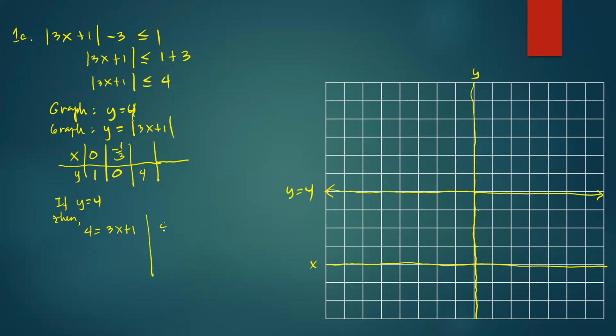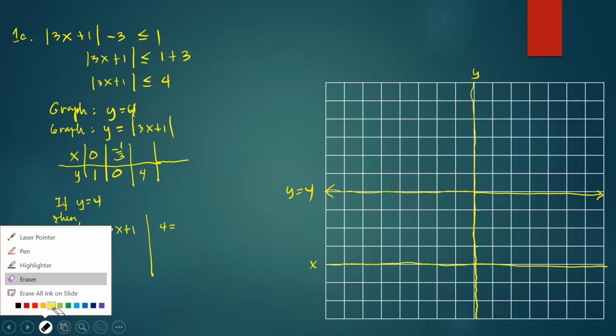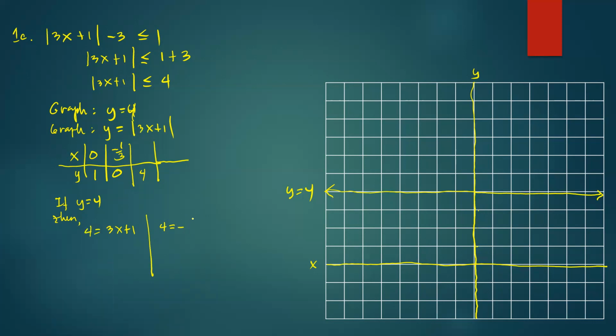And also, we can solve for 4 is equal to negative of 3x plus 1. So we're going to have here 4 minus 1 is equal to 3x, or 3 is equal to 3x, or x is equal to 1.